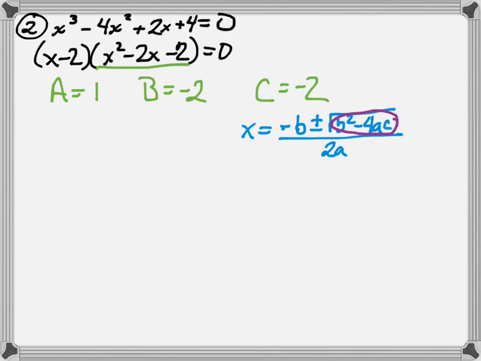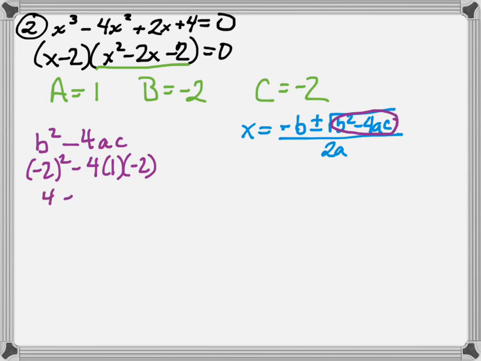So this part here, b squared minus 4ac. That would be the negative 2 squared minus 4 times 1 times negative 2. So that's 4 minus a negative 8, which is 4 plus 8, which is 12.